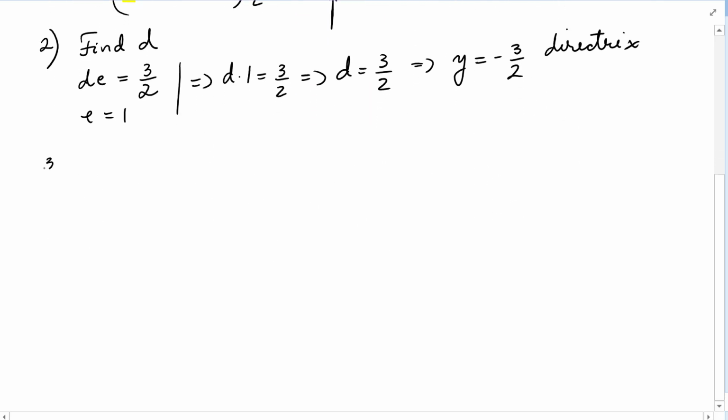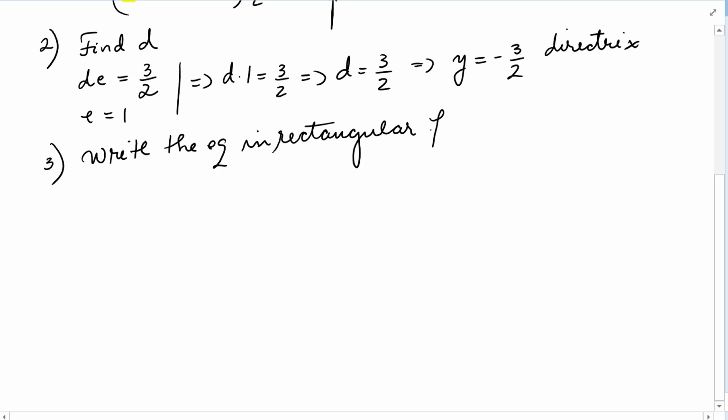Part 3. Let's write the equation in rectangular form. Right now, r equals 3 over 2 minus 2 sine theta is written in polar form.